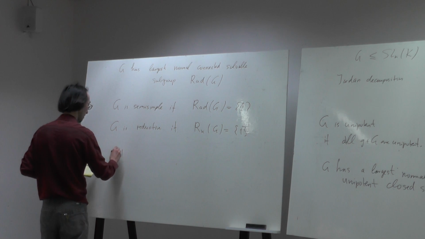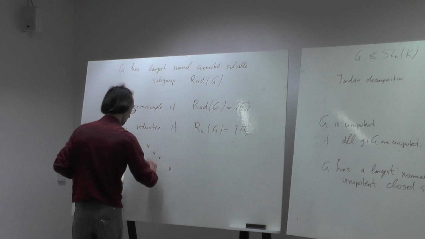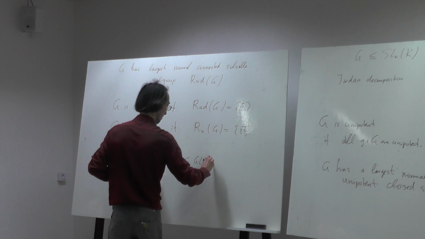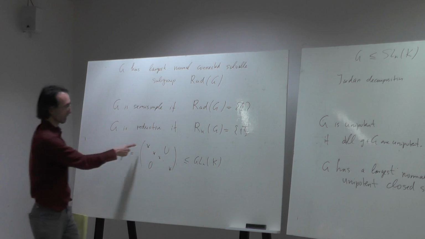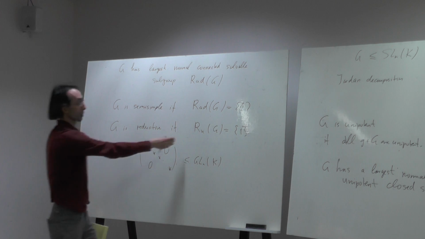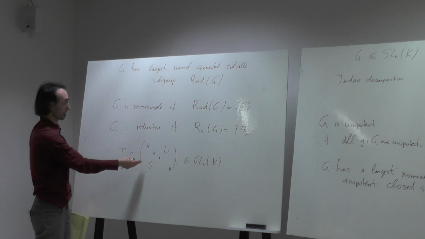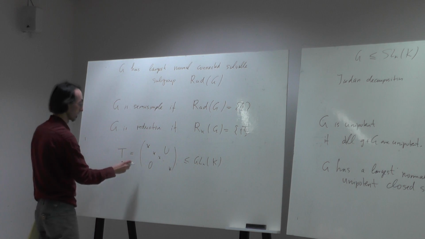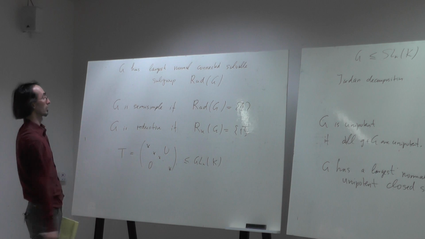So if I put T as the diagonal matrices, this is just basically the direct product of the field. It has no unipotent elements, so it's reductive. But it's abelian, and this is a connected group, so T is connected, and the radical of it is everything, so it's T, so it's not semi-simple.